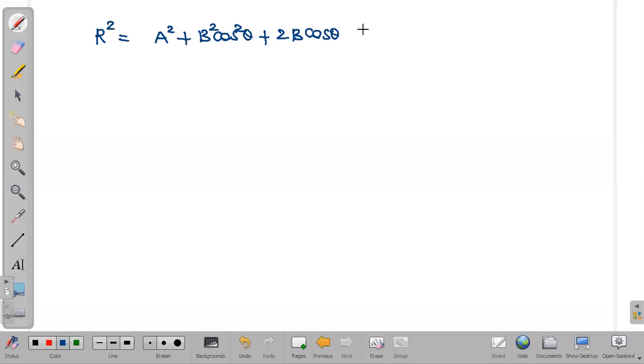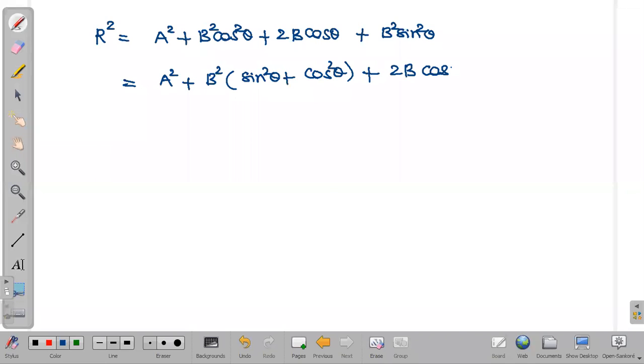Next, the second term is B sin theta whole square, so B square sin square theta I will be getting. Now, B square cos square theta and B square sin square theta, I am taking B square common, so I will be getting B square times sin square theta plus cos square theta.